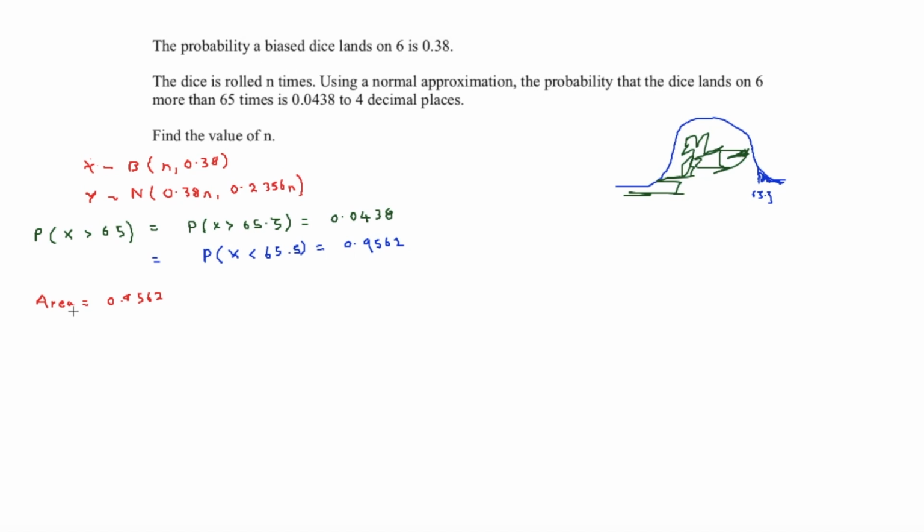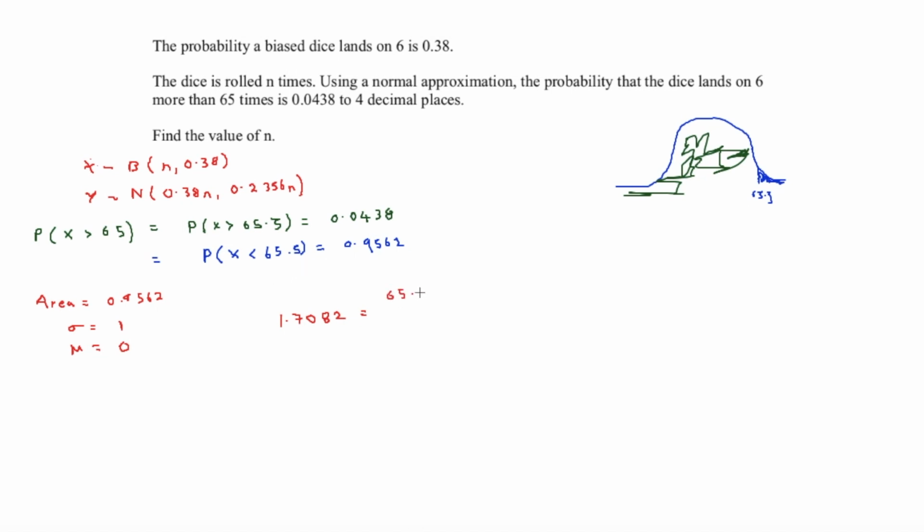But for an area of that, we have a standard deviation of 1 and a mean of 0. So we find that z is equal to 1.7082.